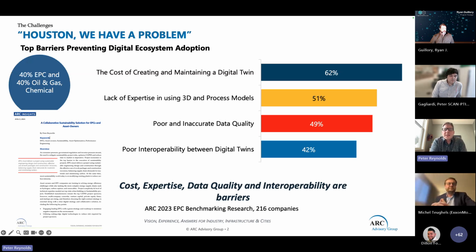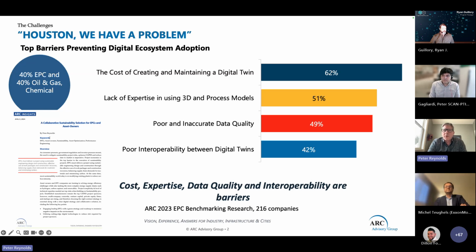The interesting thing that we find happening is all this talk about digital ecosystems and digital twins, there's a little bit of a gap. In this particular survey, 40% of the respondents were EPCs and service providers. The other 40% were oil and gas and chemical owner-operators or asset owners. About 216 companies participated in this survey and benchmarking.